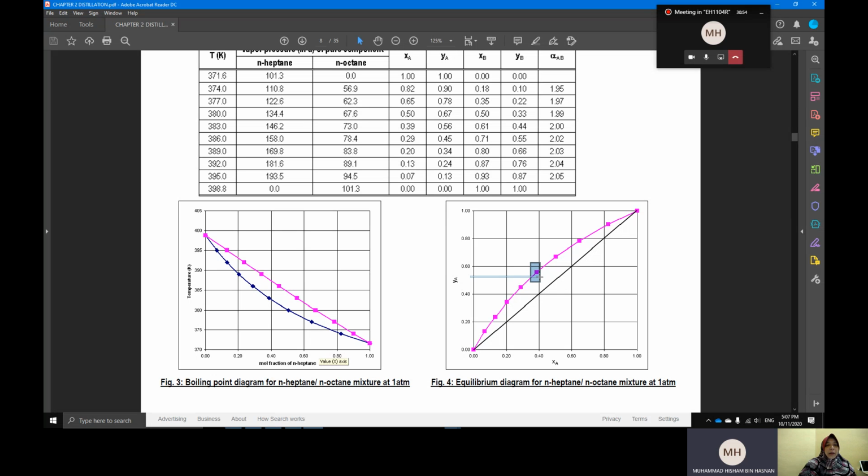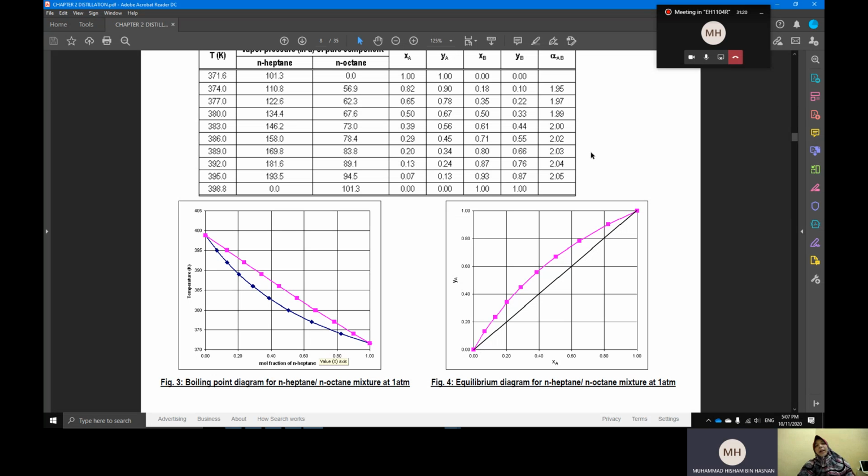So you akan dapat y value YA daripada sini. Okay, ni YA, and then dia punya XA adalah di bawah. Ni, itu cara you baca. Okay, any question? No. Faham. Okay. Straight line tu? Straight line ni, okay.